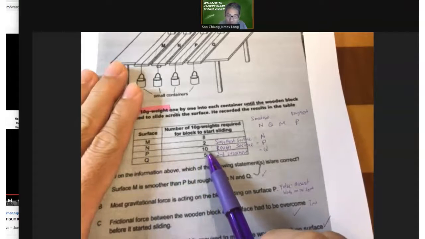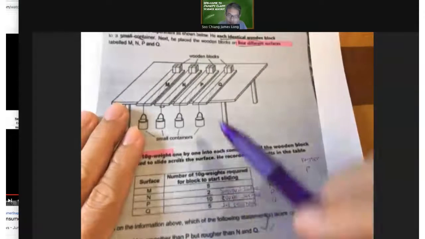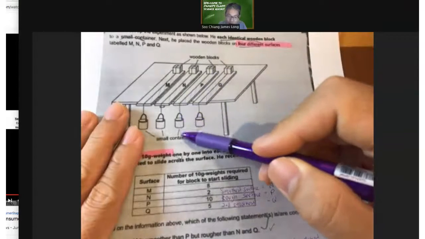So you look at the information given in this table. Surface P must be the roughest surface because that surface requires the most number of weights before the blocks can start moving, being dragged down by this container.